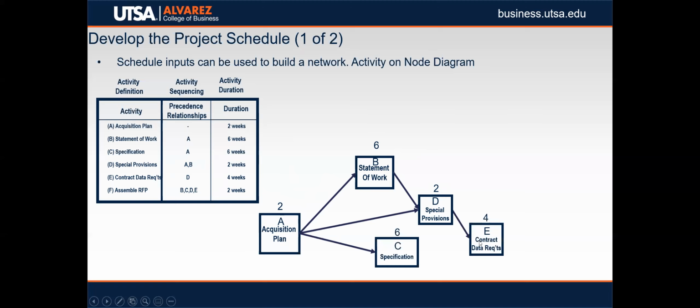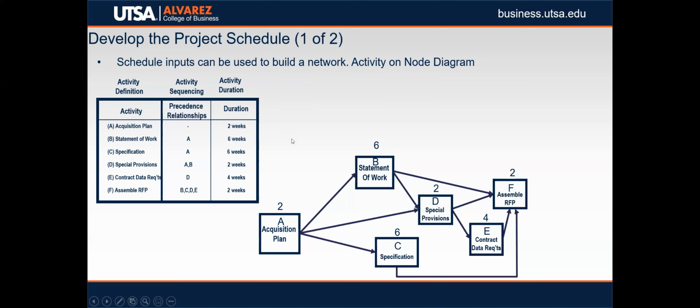So we'll put an arrow with an E on it for contract data requirements, and it is a 4-week duration. Finally, the last step is assemble RFP. Its label is F, 2 weeks long, and it has predecessors B, C, D, and E. So we draw arrows from all of those into F, and we label it as 2 weeks long. This is basically a quick way to do an activity on node diagram, and it's the beginning of our forward pass process.